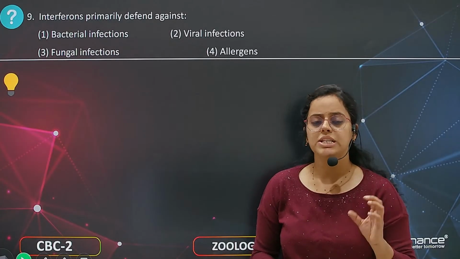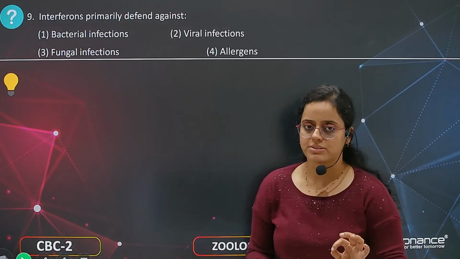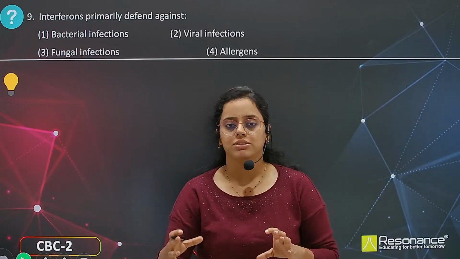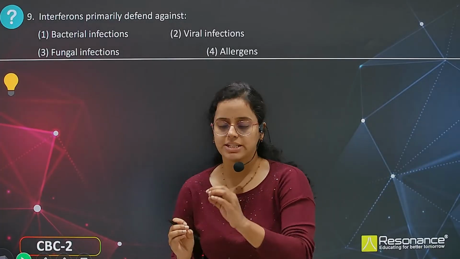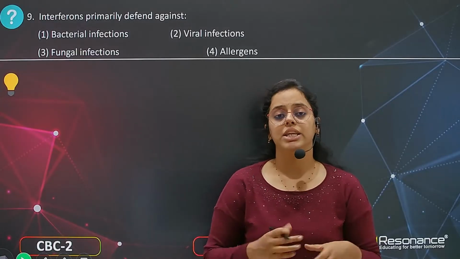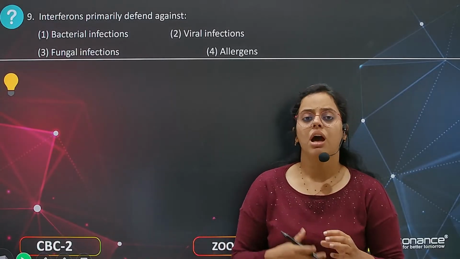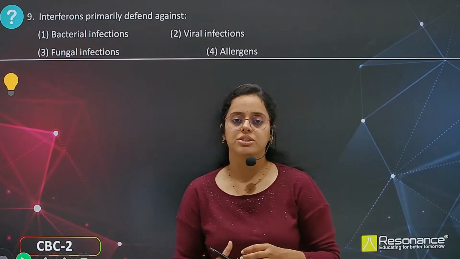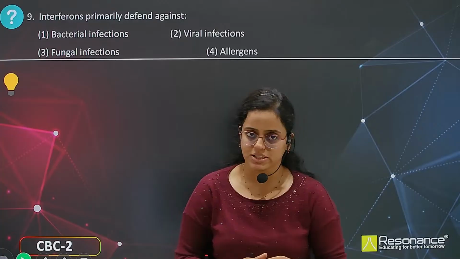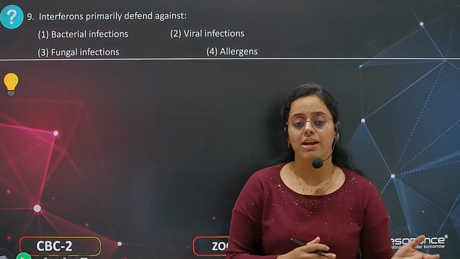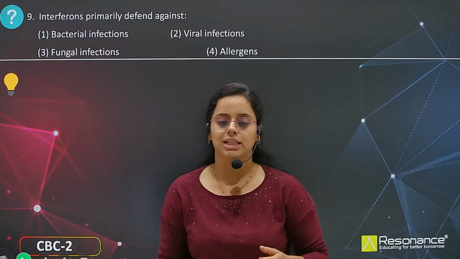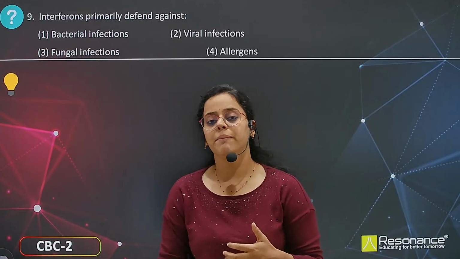Normal cells are infected by virus, right? Now these cells secrete certain chemicals called interferons, which bind with the adjacent normal cells and change their structures. They bring a cascade of protein changes in the membrane or within the cellular structures of the other normal cells. As a result, the viruses cannot replicate or infect other healthy cells.